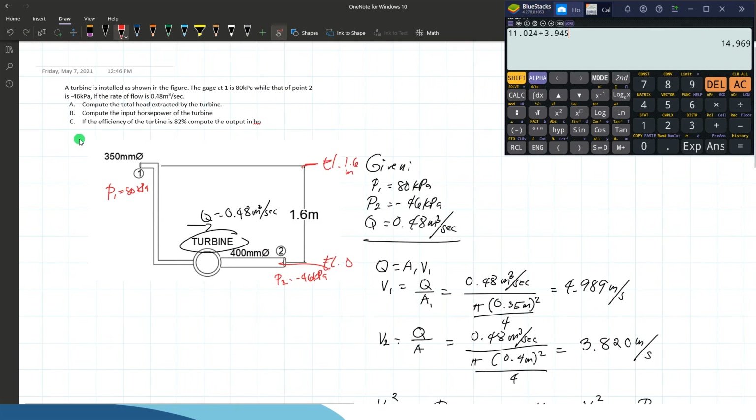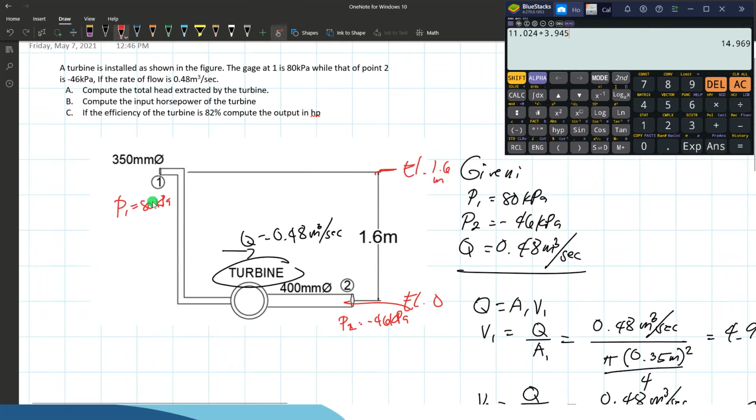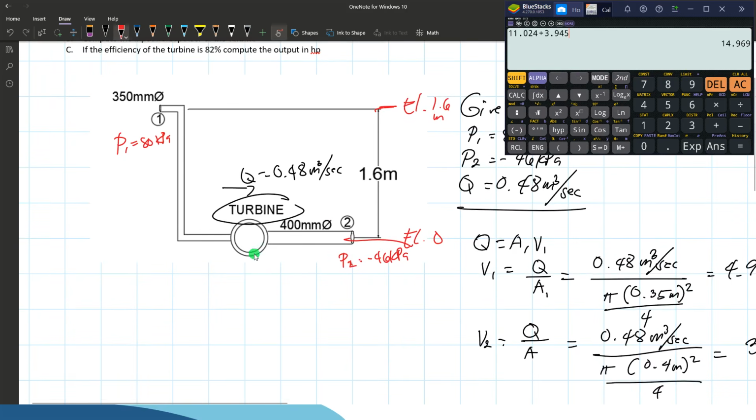For letter B, compute the input horsepower of the turbine. So class, that computed head for the turbine is your equivalent head for the power input.